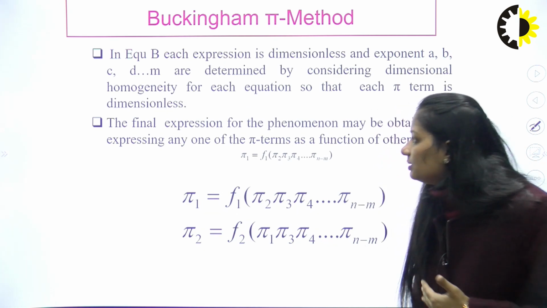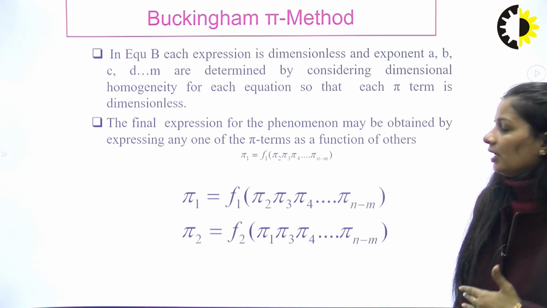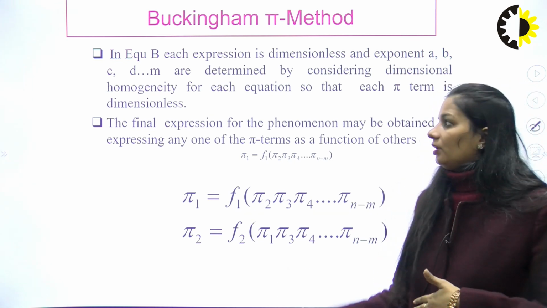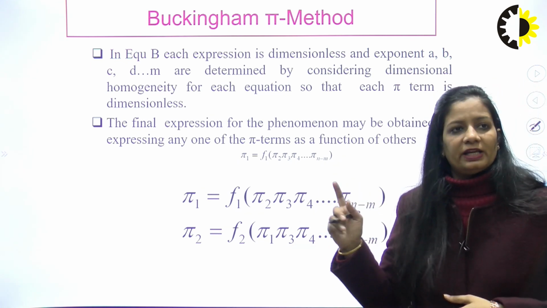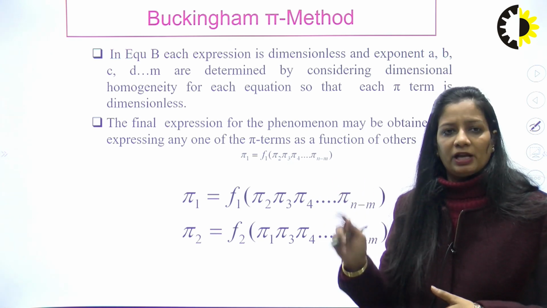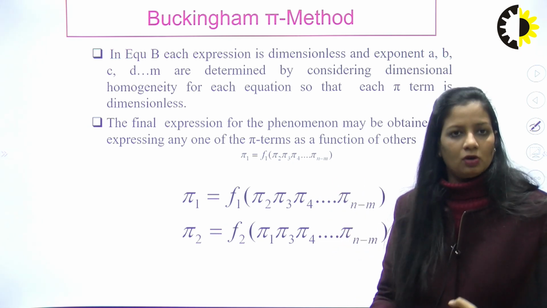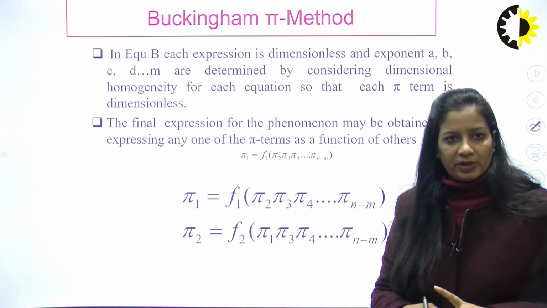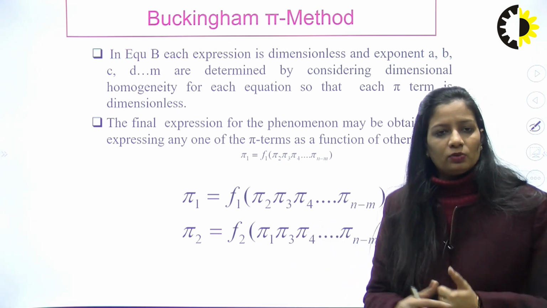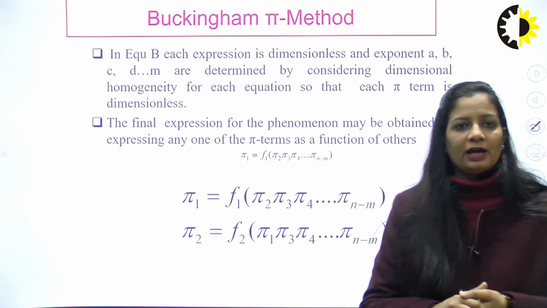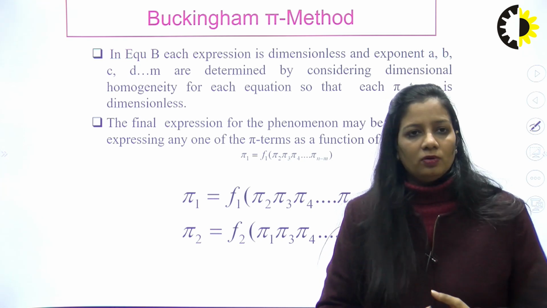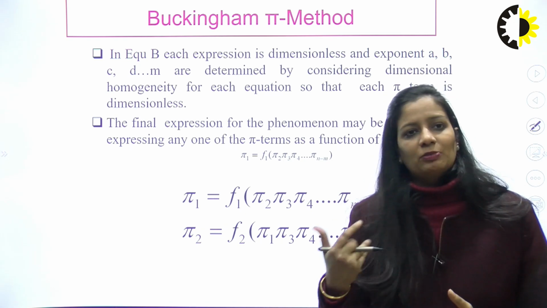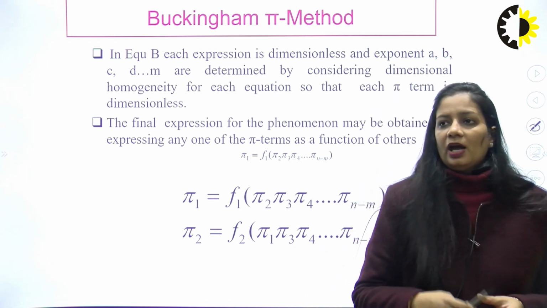We will discuss further in the next lecture. We are going to take an example of the Buckingham Pi method and solve it. The overall summary for today's lecture: what dimensions are, what dimensional analysis is, and what dimensional homogeneity is.